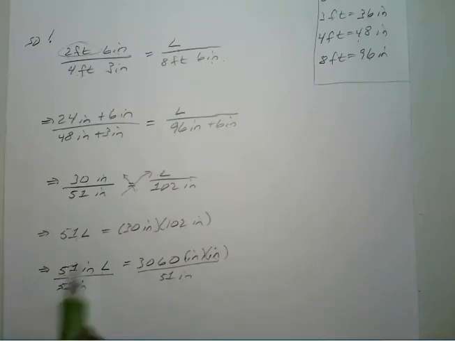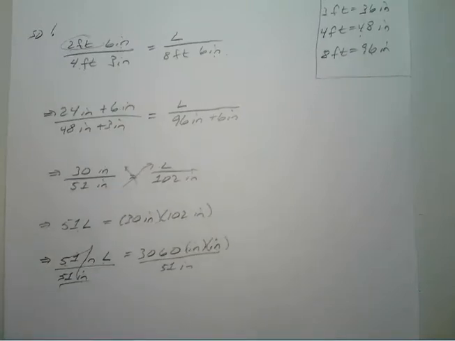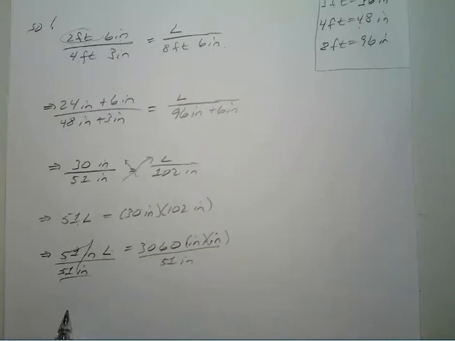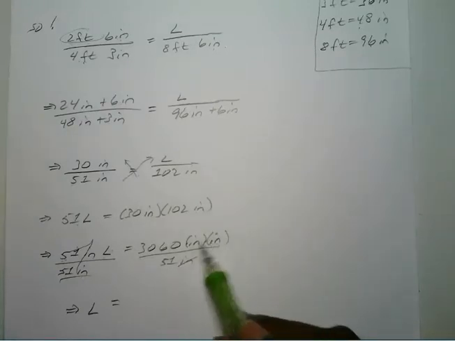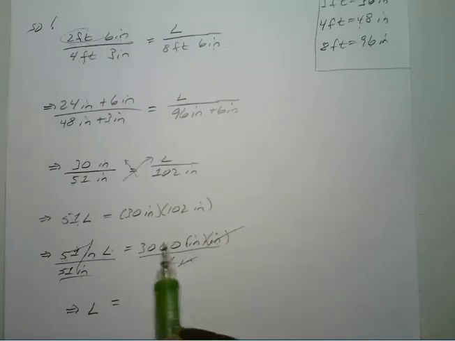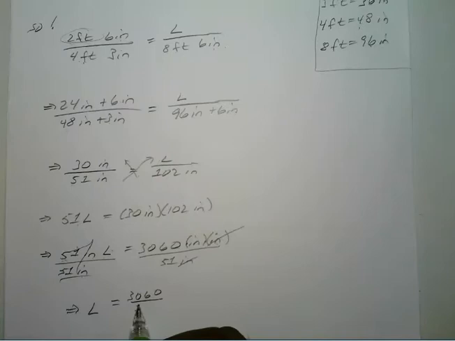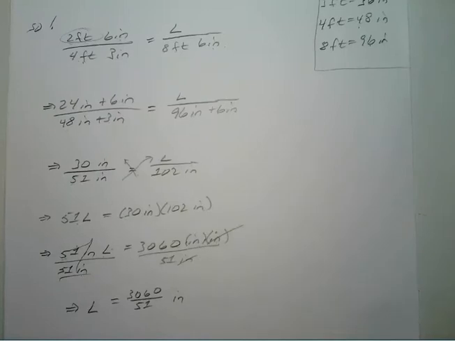Anything divided by itself is just 1, so that disappears. So 1 times L is just L. And that's equal to, this unit of measure inch cancels out with one of those. We'll pick that one. So we have 3,060 divided by 51 inches, since that inch is the only one left.